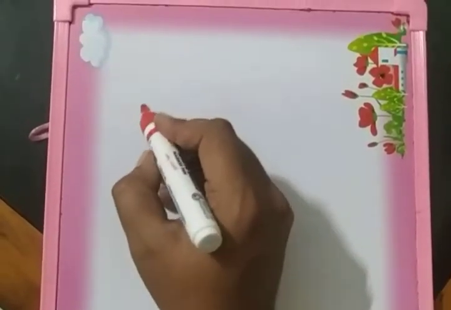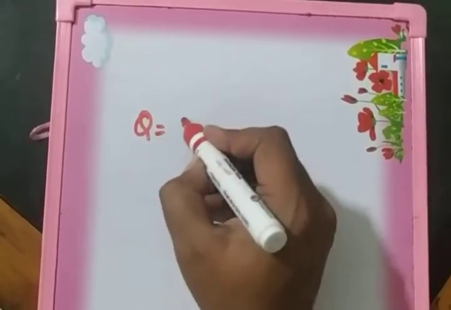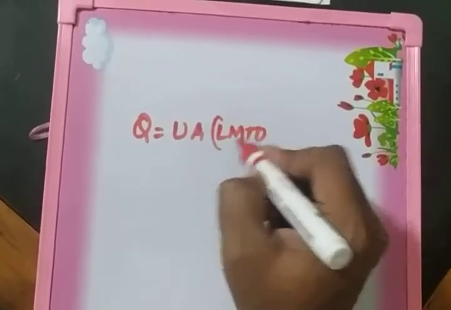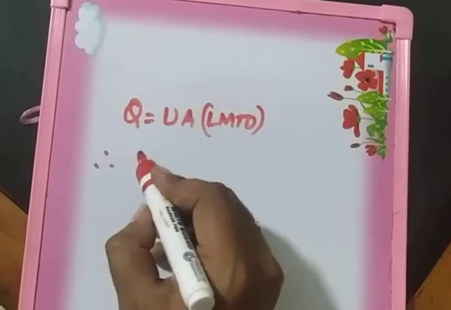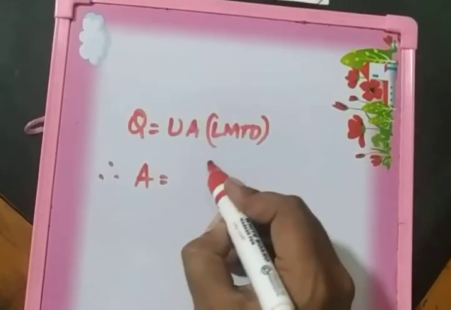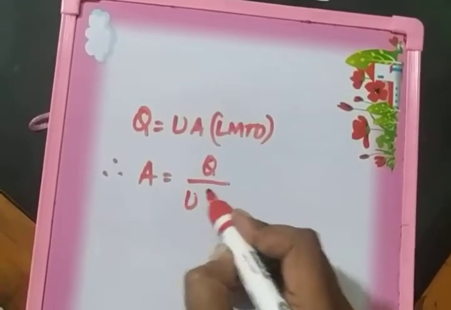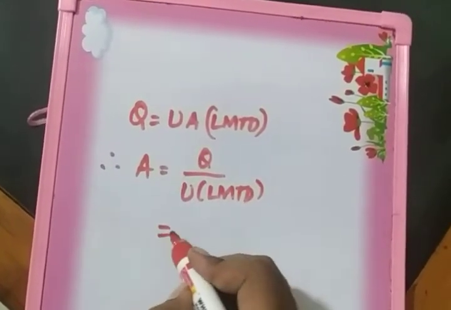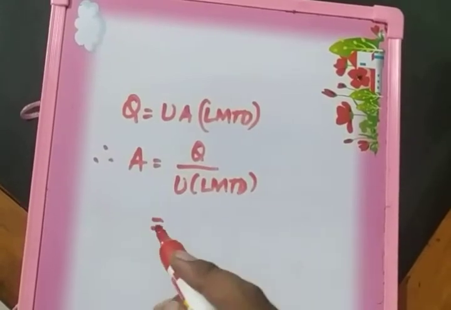From equation 1, we know that Q is UA LMTD. Therefore, area A is Q divided by U into LMTD. Just substitute the values of all the parameters.